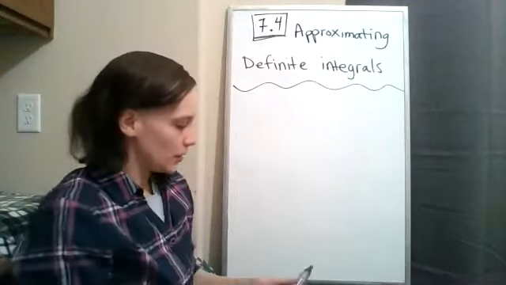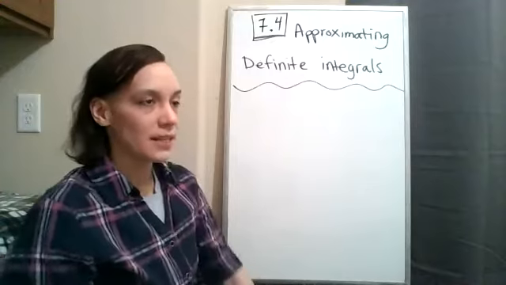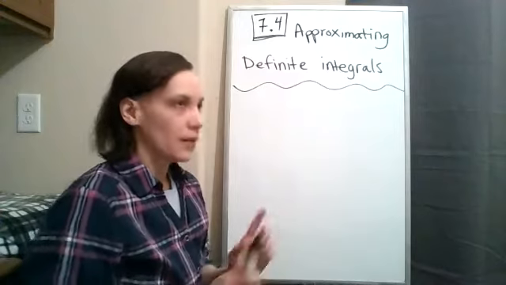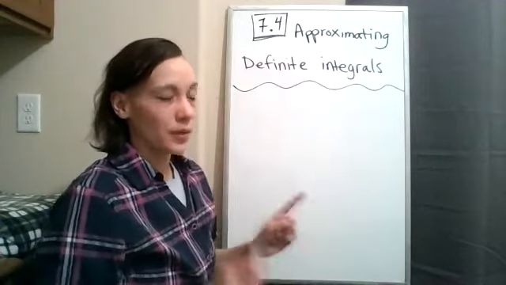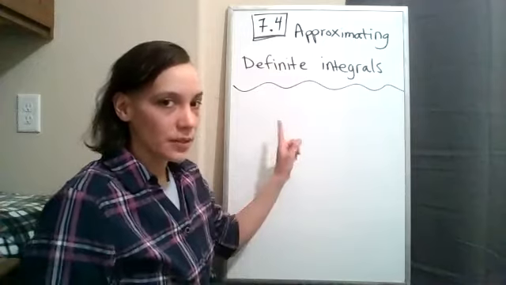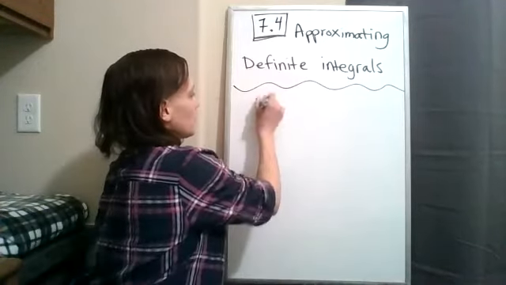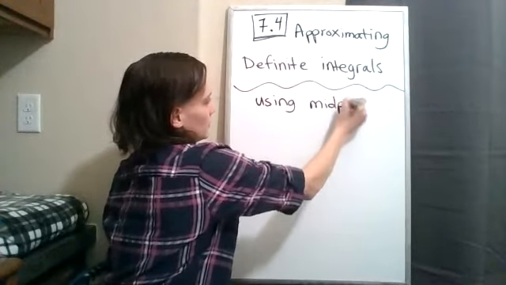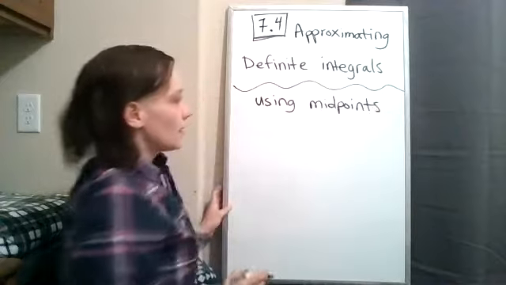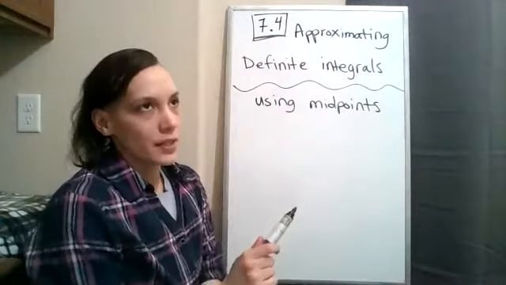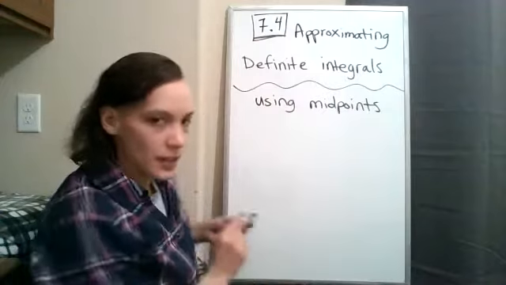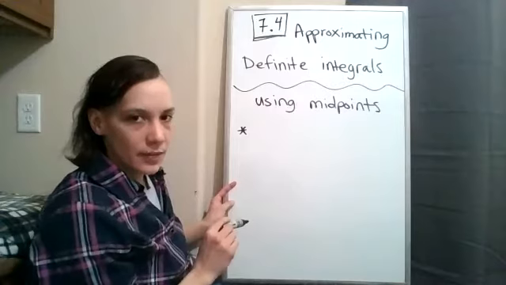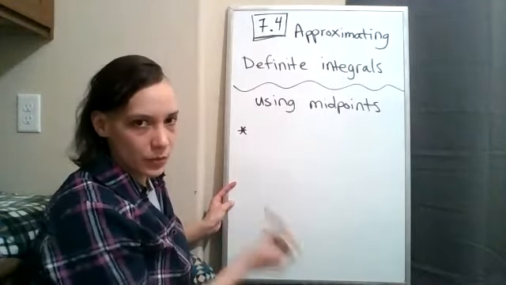So before we get into the main topic from this book, you can approximate integrals with the right side of the intervals, or the midpoints, or the left side. We're going to use the midpoints. And this technique is good for integrals that are impossible to integrate with the rules that we've learned so far.